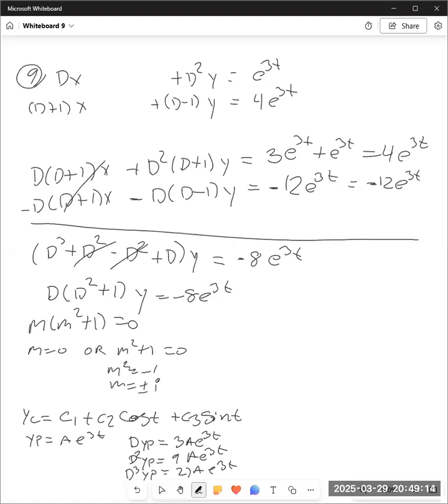So third derivative plus a first derivative is equal to negative 8e to the 3t. So 27 plus 3 is 30a e to the 3t.